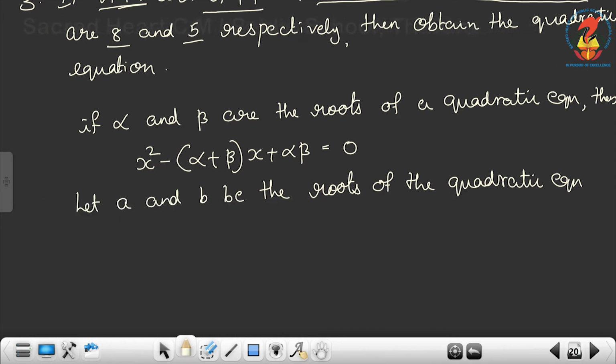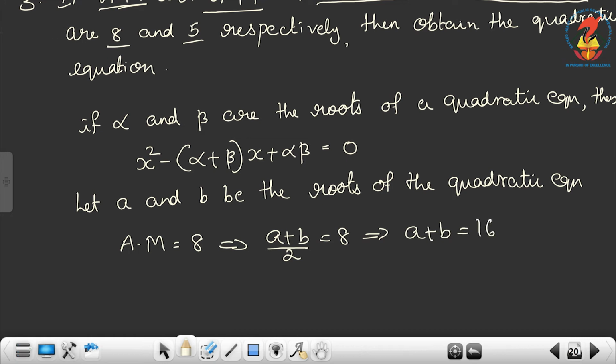AM of a and b is given as arithmetic mean, that is given as 8. Arithmetic mean of these two numbers is (a plus b) by 2, which implies a plus b is 16. Now GM is given as 5. GM of a and b means root ab. If we square it, ab is equal to 25.